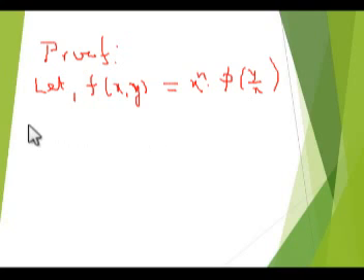So we have two partial derivatives. We will obtain del f by del x first. When we differentiate with respect to x, we treat y as a constant.